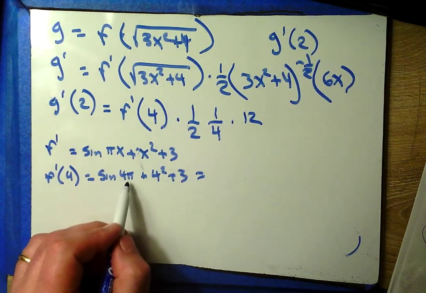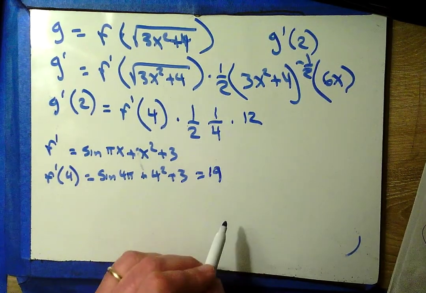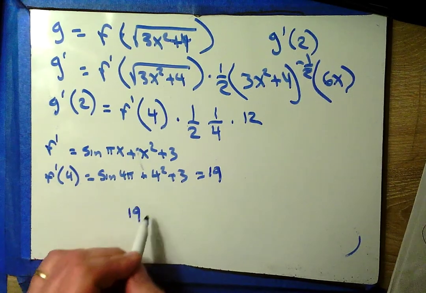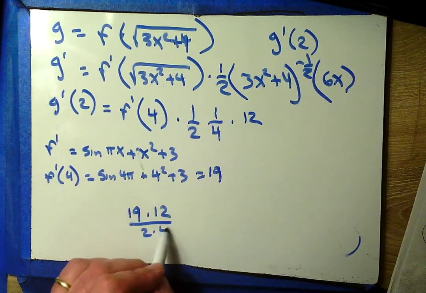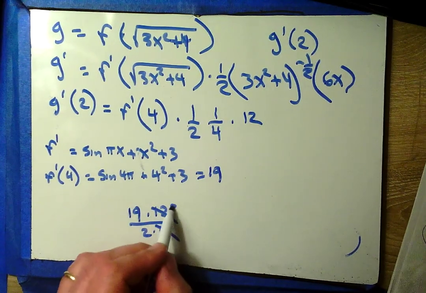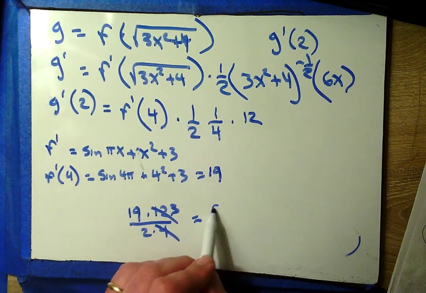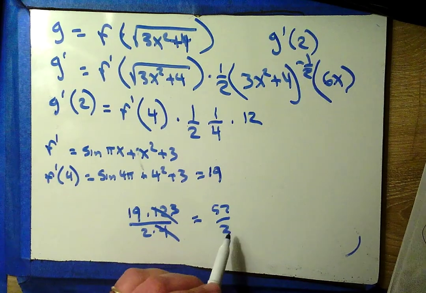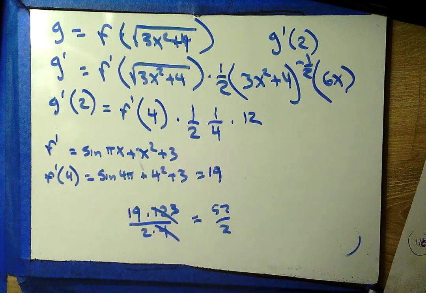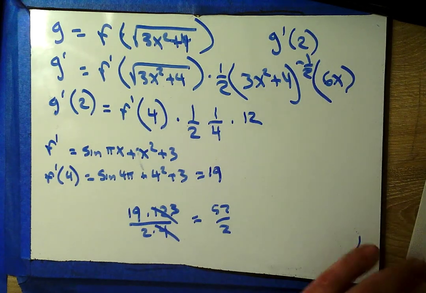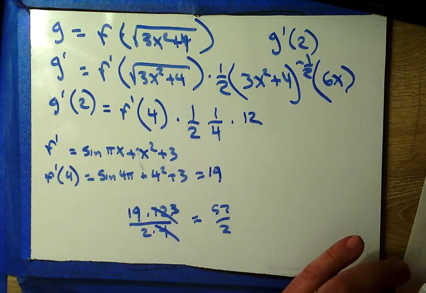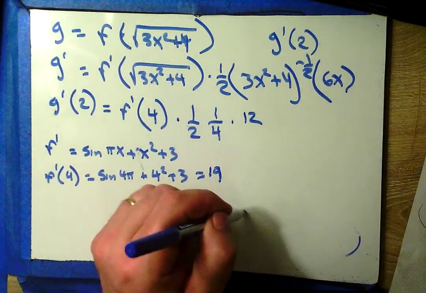Sine of 0 is 0, so I get 19. So this is going to be 19 times 12 over 2 times 4. I can do some canceling, and that's 57 over 2, I believe, is what I get for that one. 57 over 2. Yes. Good.